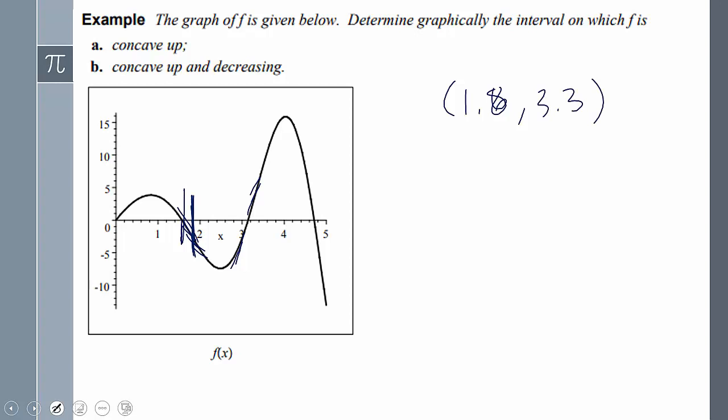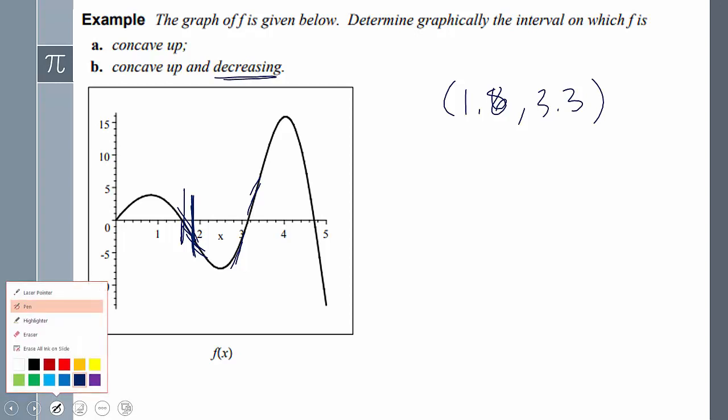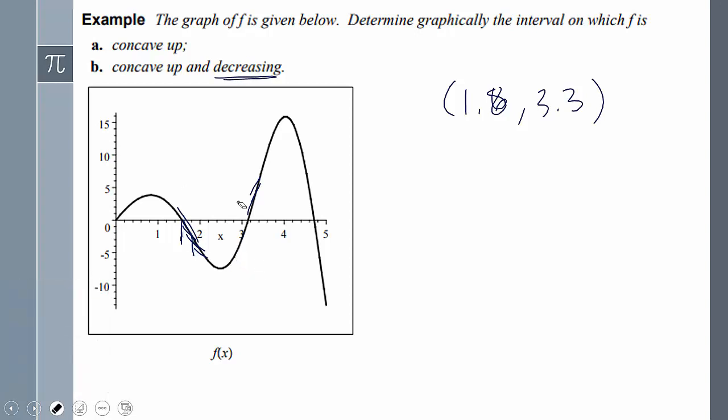But part B, where it's concave up and decreasing, well, it's only decreasing. We said that about right here is when it's starting to be concave upward, and then from here all the way to here is where it's going to be decreasing.